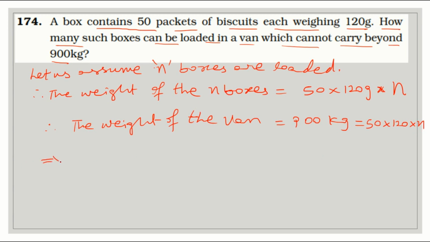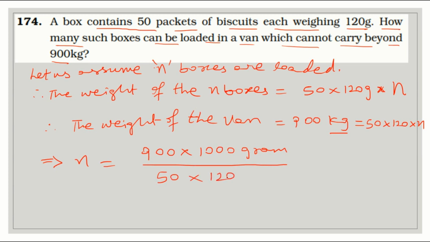It implies n equals 900 into 1000 grams, because I have converted kg into grams, divided by 50 into 120 grams. Why? Because this 50 into 120 is multiplying here; if it comes to this side, it divides.